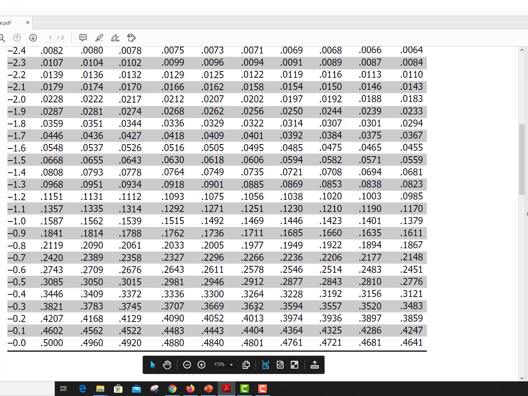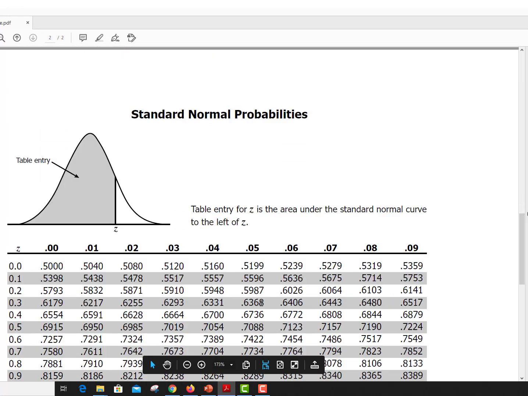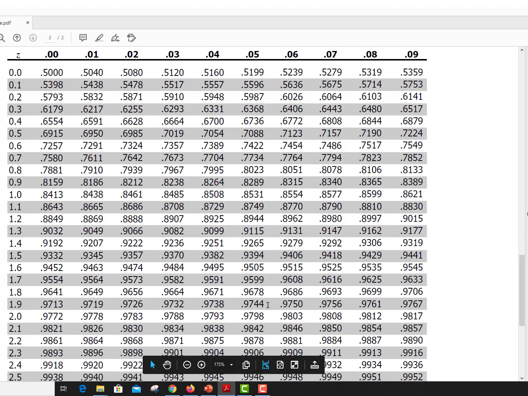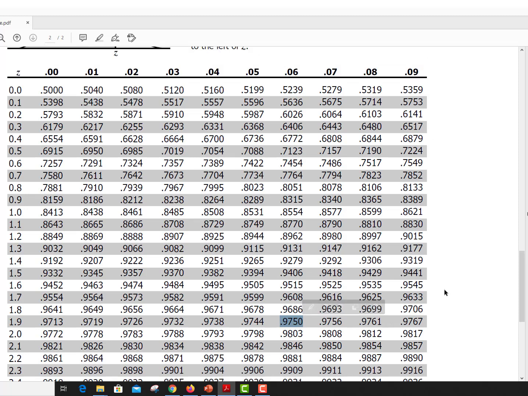Our area is greater than 0.9, so for 0.975, you can see this is 0.974. The exact value 0.975 is in row 1.9, and the column after two decimal places gives 1.96. So you can see a Z value of 1.96 shows the 97.5% area.